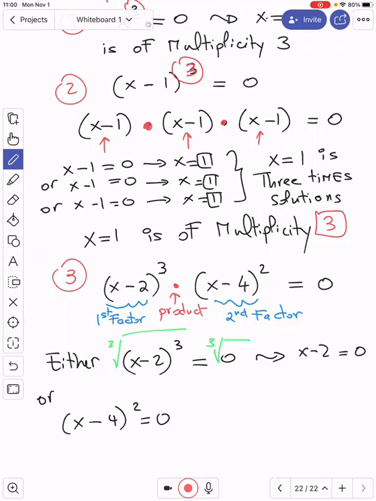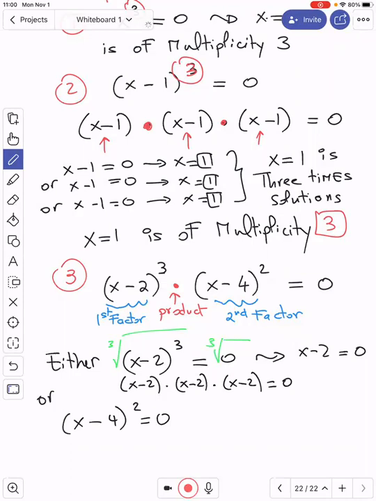But at the same time, (x minus 2) cubed equal to 0 is like x minus 2 times x minus 2 times x minus 2, x minus 2 multiplied by itself 3 times, equal to 0. So x minus 2 equal to 0 is going to be a solution 3 times.